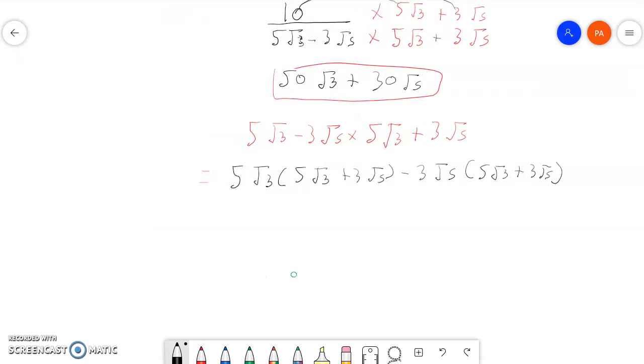So this is the long cut method. 5 root 3 into 5 root 3 can be written as 5 root 3 square. This has to be simplified, so I'll keep it for later on, okay?